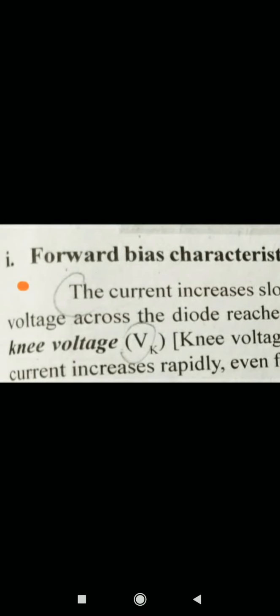Let's discuss the definition of threshold voltage or cut-in voltage or knee voltage, which can be represented as VK, which is the characteristic of forward biasing. It's already discussed. It's an important topic.